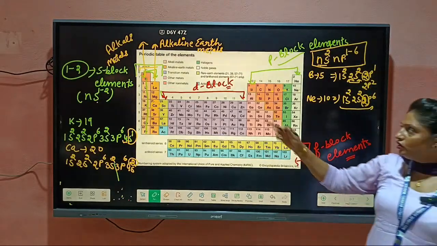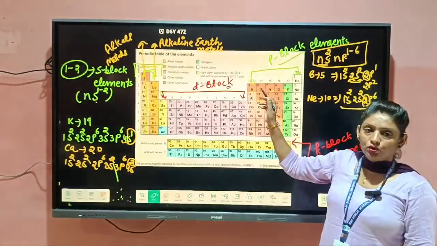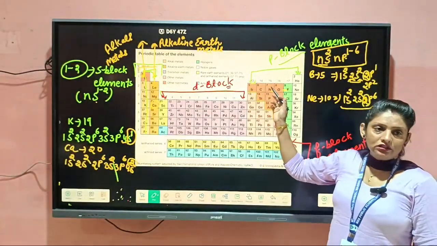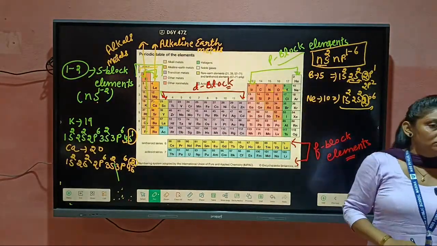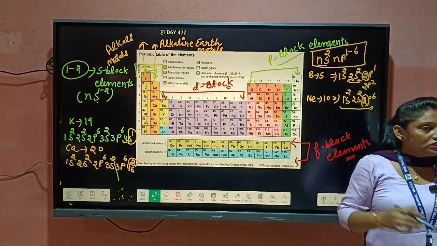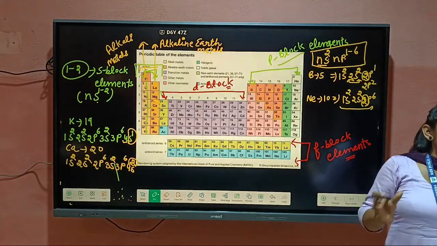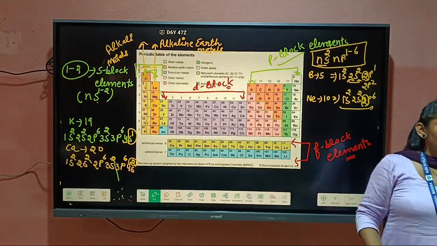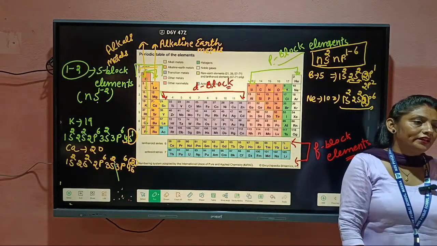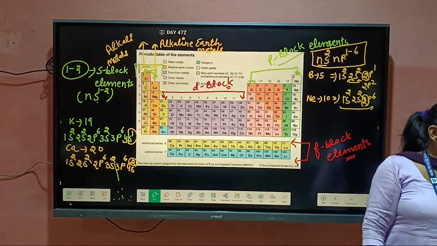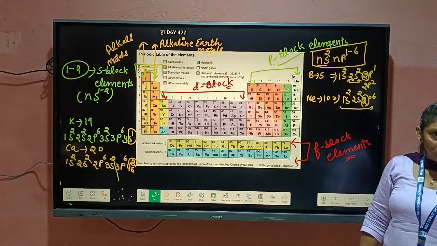In boron there is 1, in carbon 2, in nitrogen 3, and in neon 6. Because the outermost electron is present in the p orbital, the elements of this block are known as the p block elements. Is it clear to you or not?